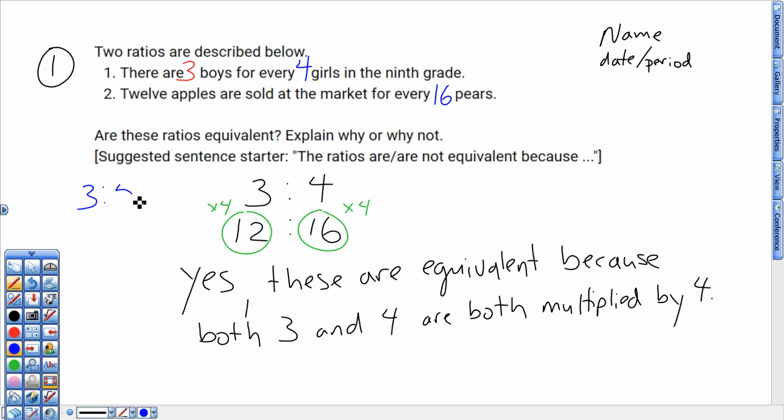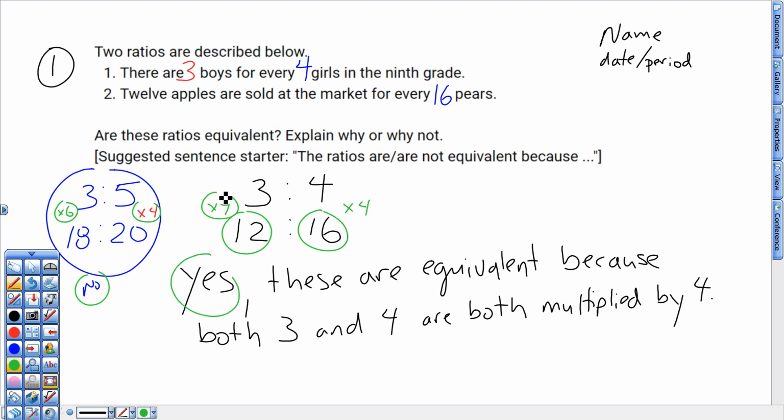This one is not true. 18 right here, and then 20 right there. Show me why that's a no. Looks like I'm timesing one number by 4, but then over here I'm timesing by 6. That's what makes this one a no, where this one over here is a yes, because I'm timesing both by 4. All right, next problem.